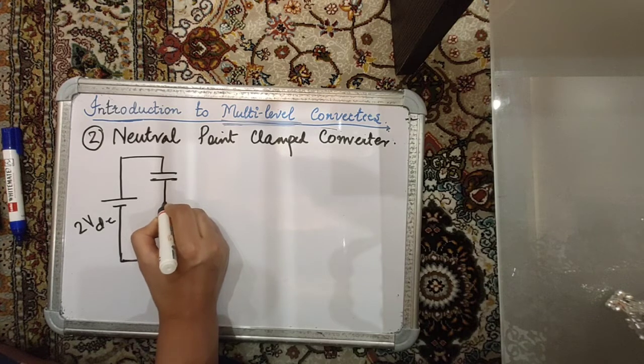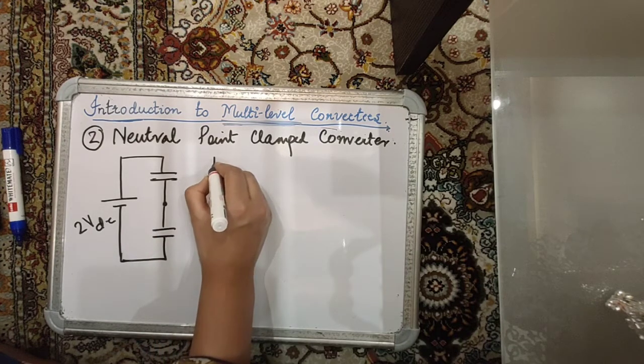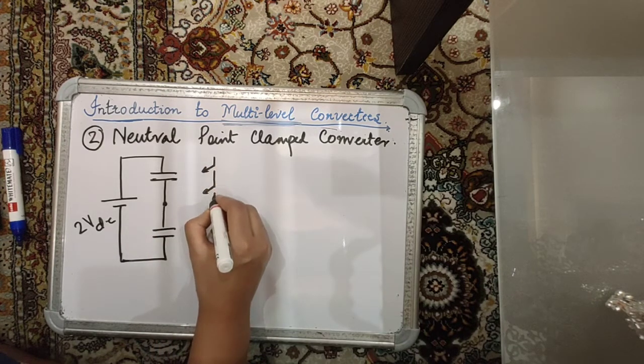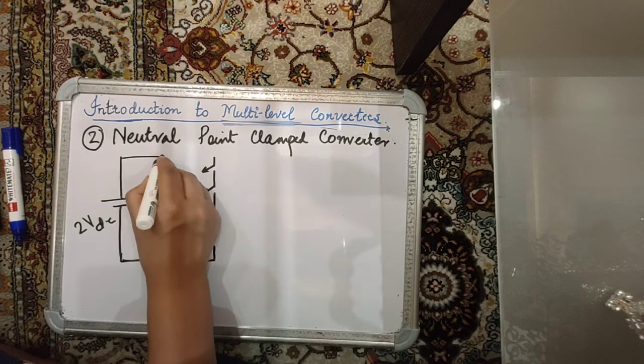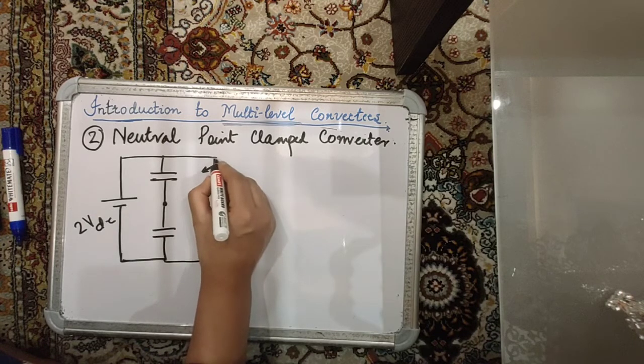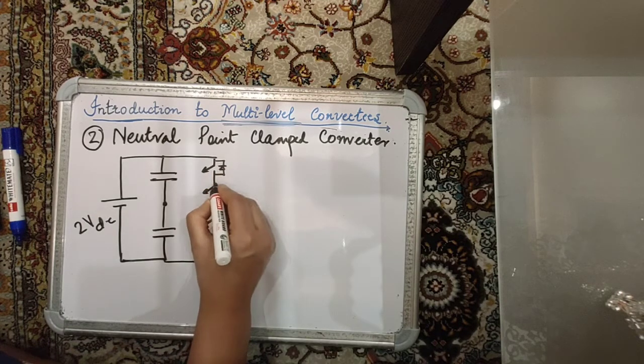So there are 2 capacitors and then there are 4 switches. Each of these has an anti-parallel diode, of course.